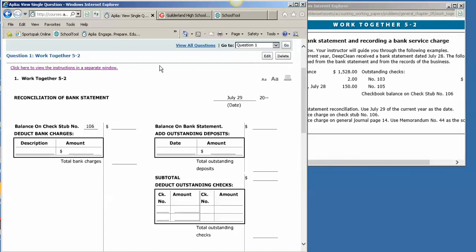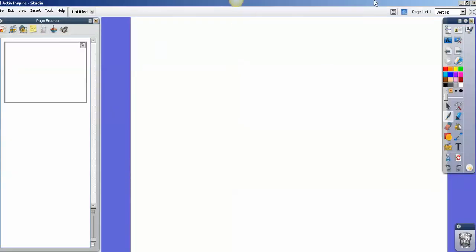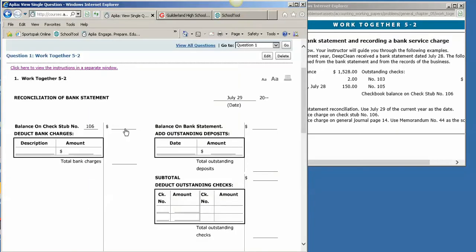On this side of the bank reconciliation, on the left side, we're going to put the information that we have in our records. On the right side of the bank statement reconciliation is where we're going to put the information starting with the dollar amount on the bank statement itself.